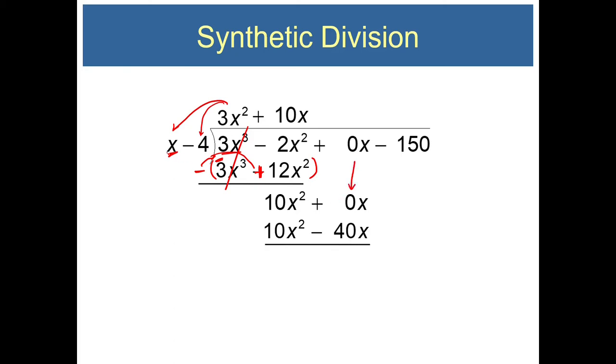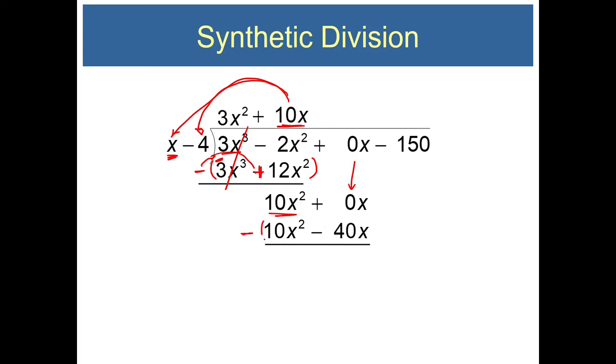I repeat the process, and ask, x times what gives me 10x squared? Well, that's going to be 10x. And then we'll have to multiply the x by 10x and the negative 4 by 10x. 10x times x gives us 10x squared. 10x times negative 4 gives us negative 40x.